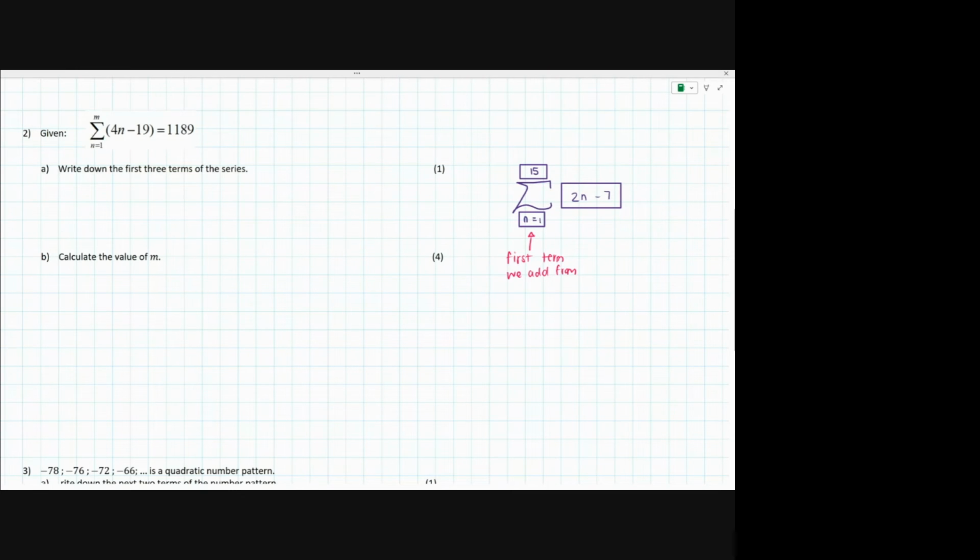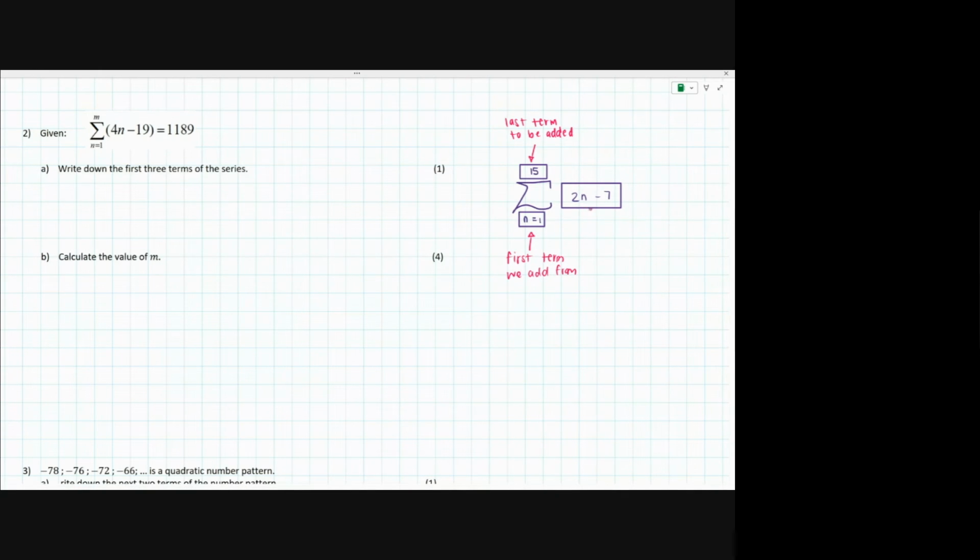Term 7 plus term 8 plus term 9 plus term 10, etc., etc. The number at the top tells me where to stop adding. So this is the last term I add. So in this case, I would add from term 1 to term 15. Term 1 plus term 2 plus term 3 plus term 4, all the way to plus term 14 plus term 15. That is what that part is saying to me.